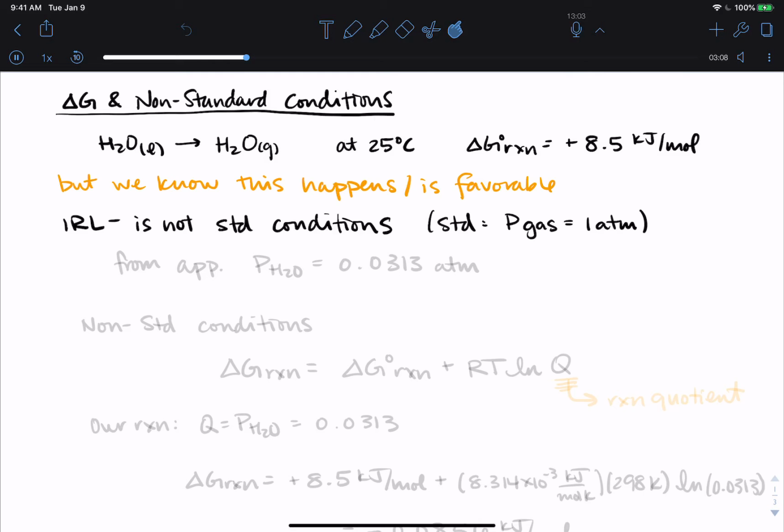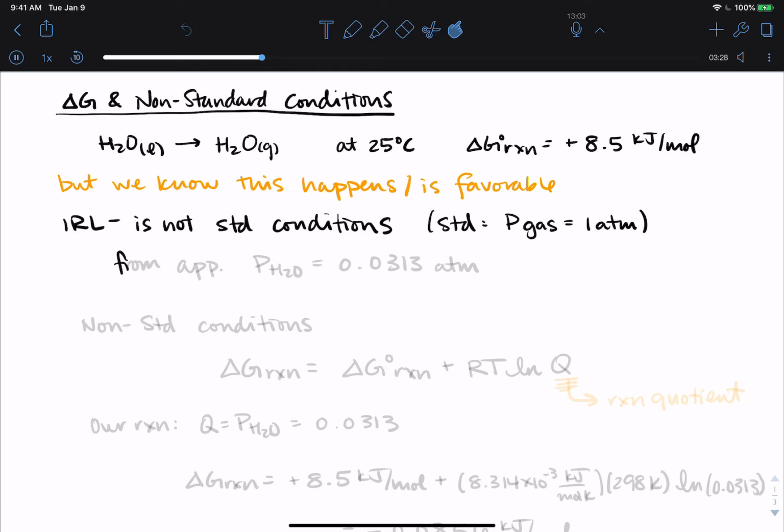And funny fact, your favorite appendix has vapor pressure values for water. What that tells you is that at a specific temperature, what is the pressure of water vapor in the air?